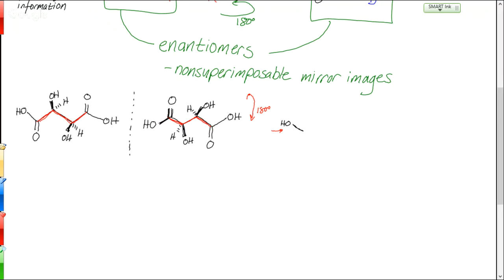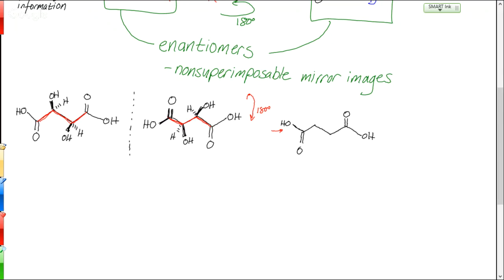This was straight up, so now it's going to be straight down when we flipped it. And then we can follow the rest of the zigzag the same way. If you want to keep going step by step with each atom, that's okay, but once you've got the zigzag going the right way, you can just follow it along back and forth.